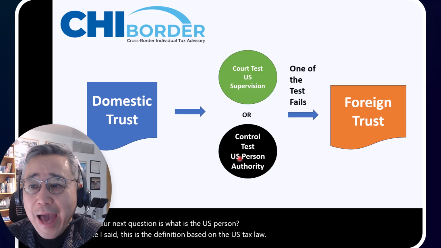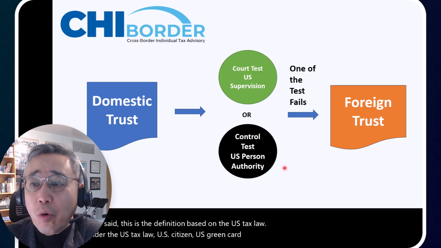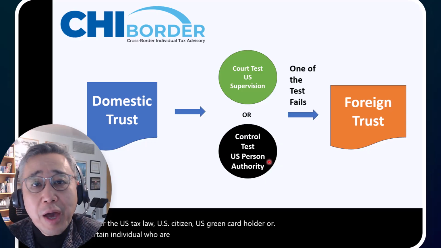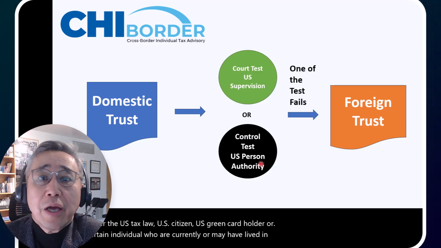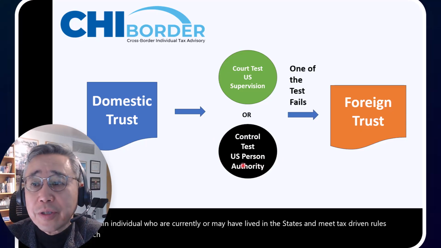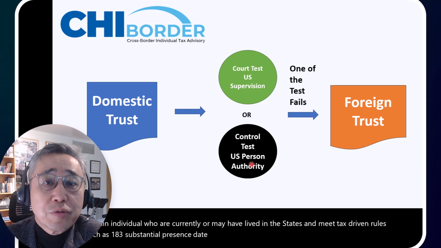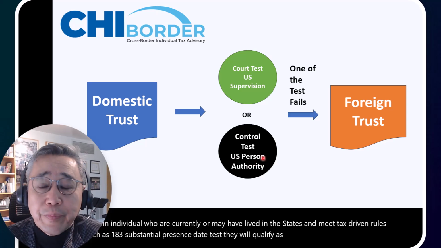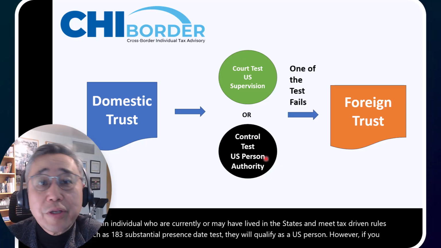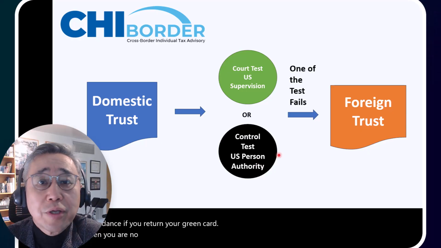Under the US tax law, US citizen, US green card holder, or certain individuals who are currently or may have lived in the States and meet tax driven rules such as the 183 day substantial presence test, they will qualify as a US person. However, if you abandon, if you return your green card, then you are no longer a US person.